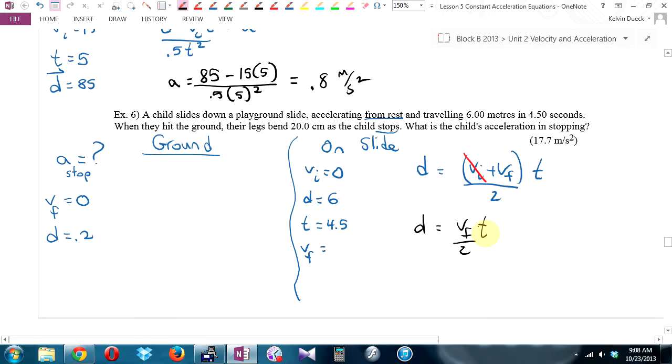Well, then, hey, get VF by itself. What's the T doing to the VF? How will I move it over? What's the 2 doing to the VF? How will I move it over? Are you saying that my new equation, which I'm not going to memorize, is going to be 2, the D is going to drop down, divided by T, that equals V final? Oh, that's kind of nice.